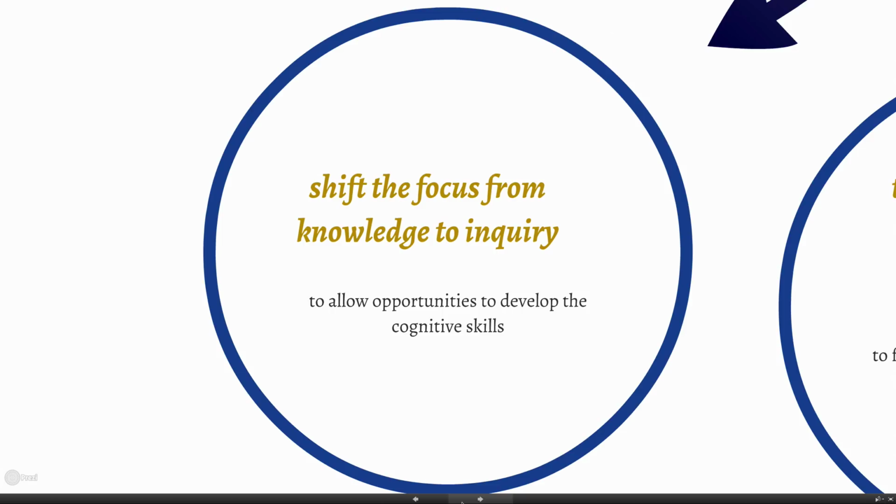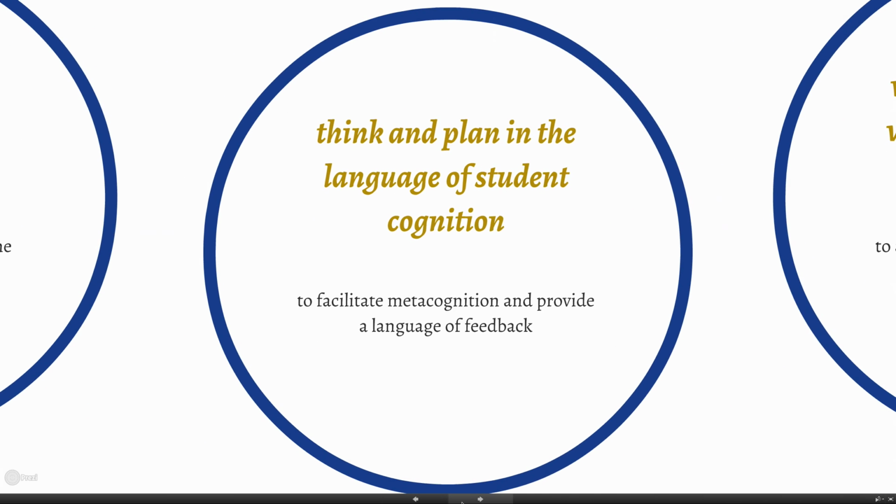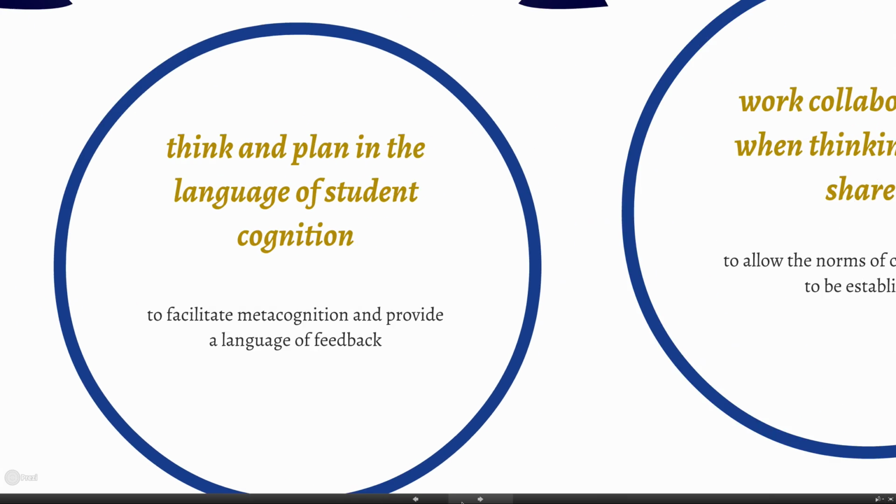So we look for opportunities in our content-driven syllabuses to focus more on inquiry skills with the explicit goal of developing particular cognitive skills, which we name. That we think and plan in the language of student cognition to facilitate metacognition, to be sure, and to provide a language of feedback for how students are going in their work, which means in their thinking.